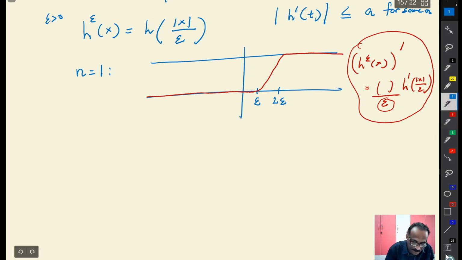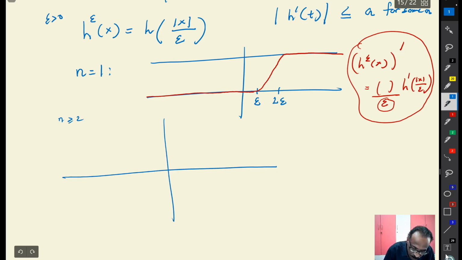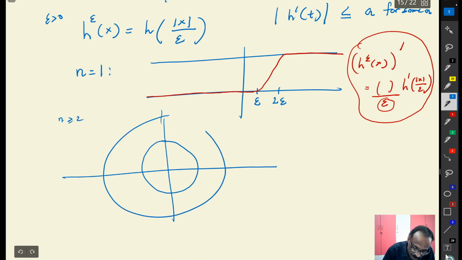So for higher dimensions, n greater than or equal to 2, how does it look? h epsilon will be something like that. You may have a ball of radius 1 and a ball of radius 2. So this is the ball of radius epsilon and this is the ball of radius 2 epsilon. h epsilon equals 0 here and h epsilon equals 1 outside.